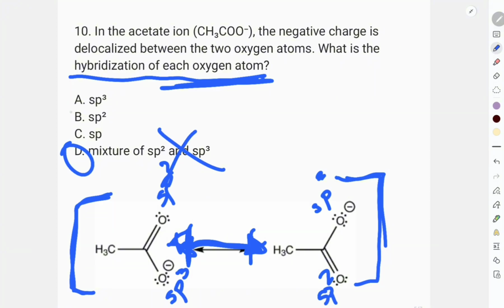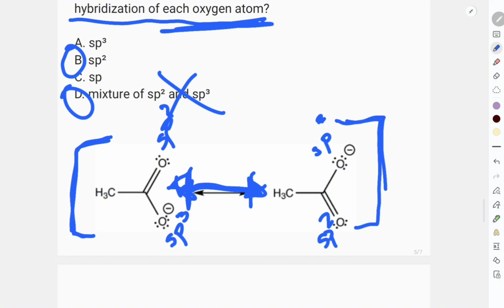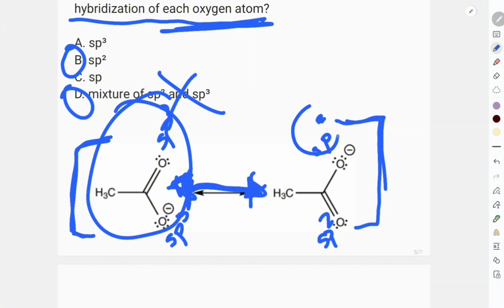The correct answer will actually be B, and that is because these are resonance structures, and if one of the oxygen atoms had an sp3 hybridization, it would not be able to have resonance. It cannot become an sp2 in this case. If this went from sp3 to sp2, that would not be possible.